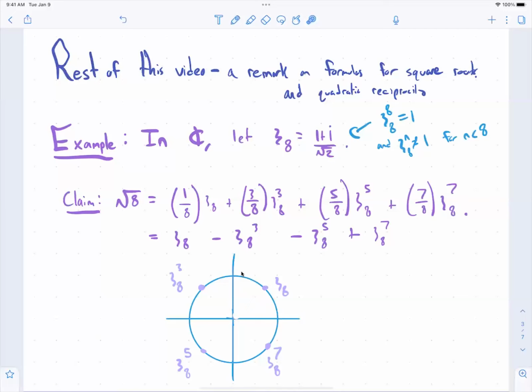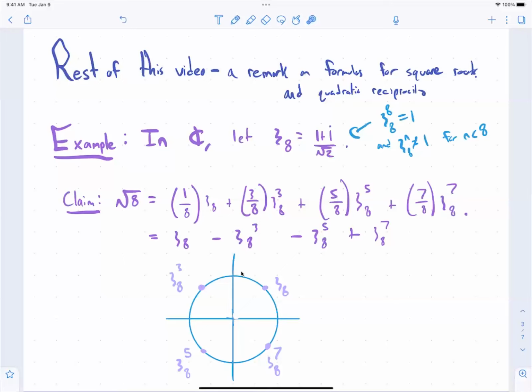Pi over 4 radians, pi over 2 radians, 3 pi over 4 radians, pi radians, 5 pi over 4 radians, 6 pi over 4 radians, 7 pi over 4 radians, 2 pi radians. So after I do it 8 times, I've rotated back to an angle of 2 pi, and I've landed back at 1. That's the first power that gets you back to 1.